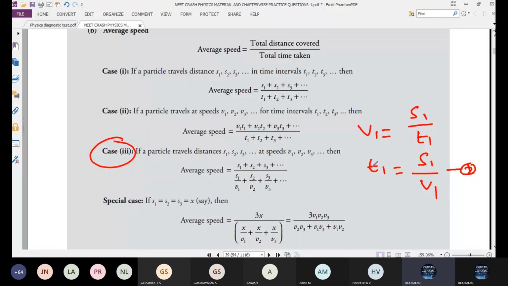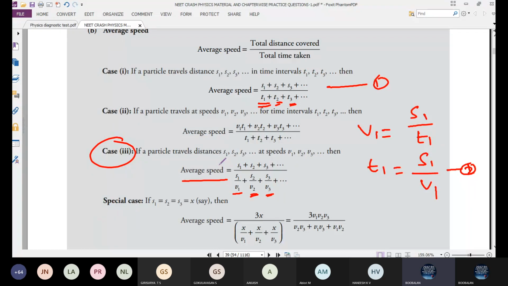In this t1 value, I am applying for equation number 1. t1 is s1 divided by v1, t2 is s2 divided by v2, t3 is s3 divided by v3. Finding the average speed, so this is one more formula. 3 formulas completed.